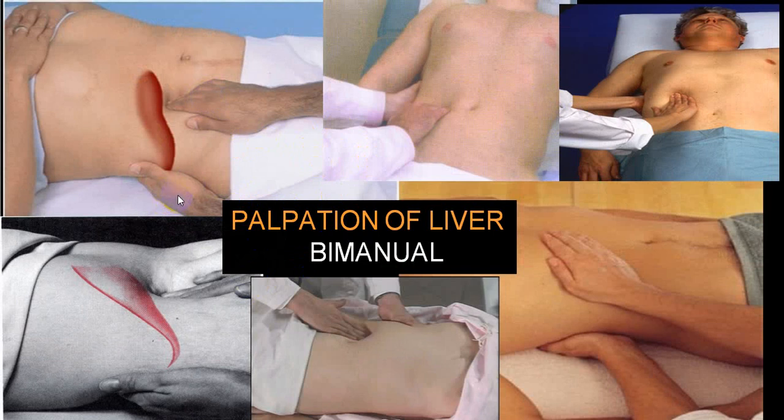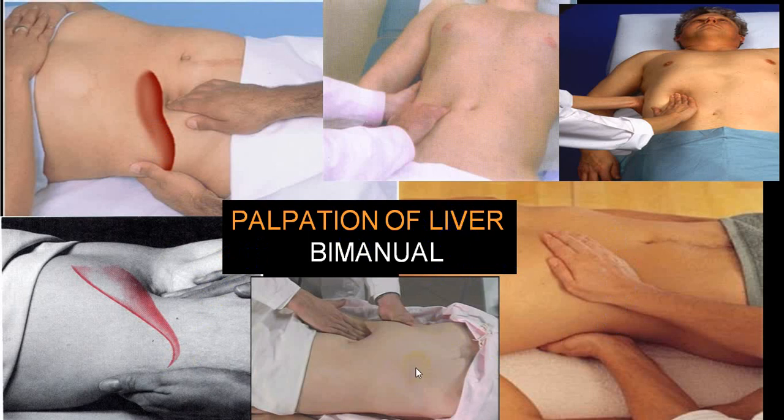This is mainly utilized for kidney, but even for liver you can utilize, but not commonly. So this is a pushing hand, this is the palpating hand. You can utilize for liver, and when you are doing on the left side, it is for spleen. So this is also called as a bimanual palpation for liver.